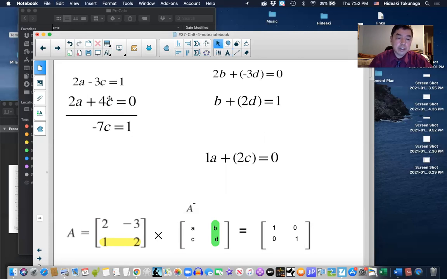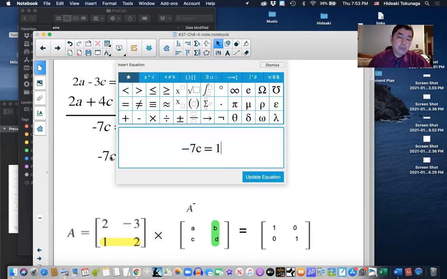Now, first one, you solve for C, which is C equal negative 1 over negative 7, which is, I put negative sign outside, a fraction 1 over 7.